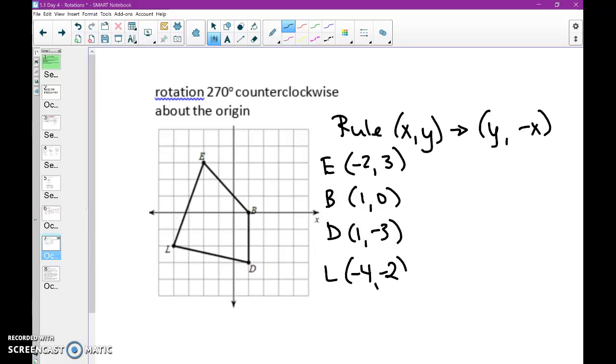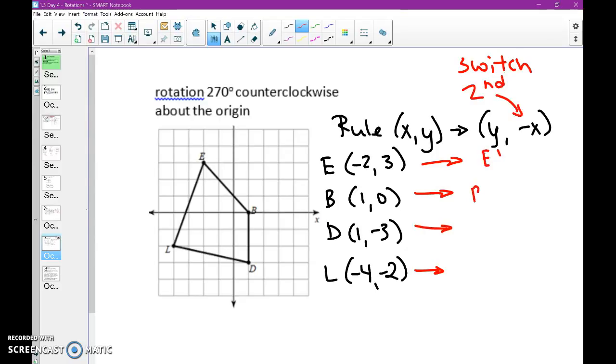So if you messed up on those, make sure to correct it, because that obviously affected the rest of your work as well. This time, they're in different spots, so we're going to switch the numbers, then the second number changes its sign. So let's start with just switching all the numbers to get our new points. So 3, -2. No sign change yet, just switching the numbers.